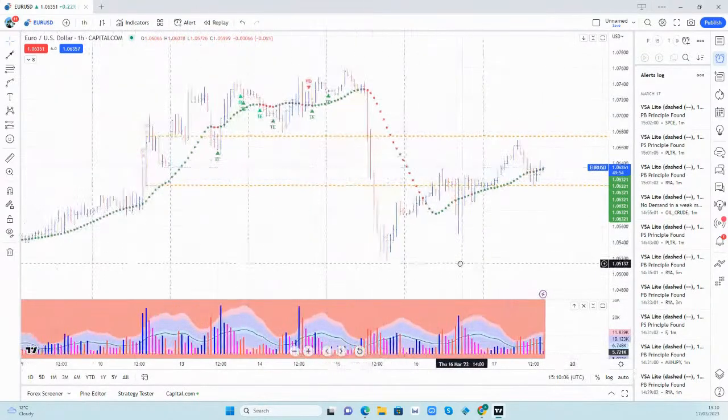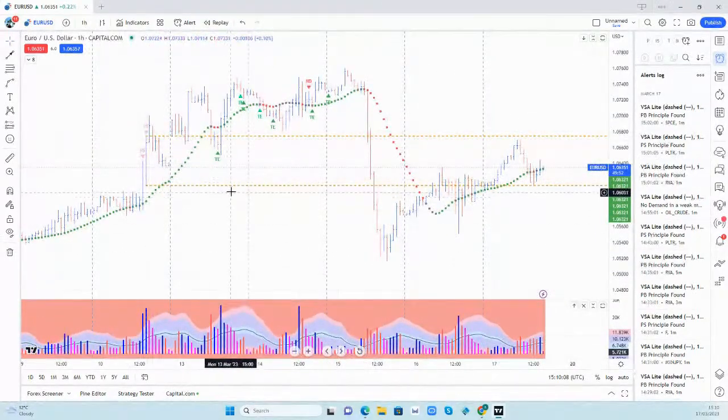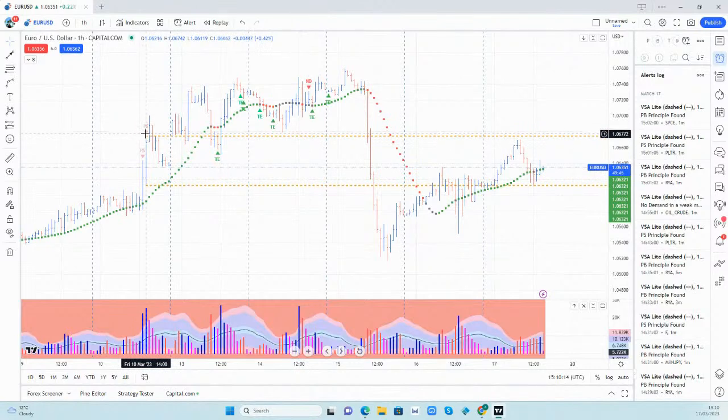Now, when you've got these trigger lines, or the support and resistance lines, the potential professional selling, the PS, did not get confirmed. You can see the trend is generally going up. There is no change of behavior, still going up.